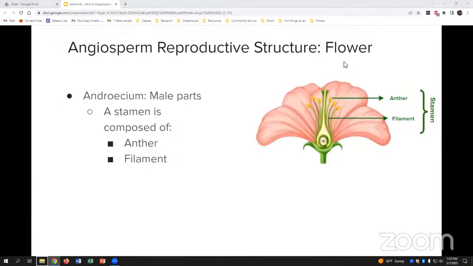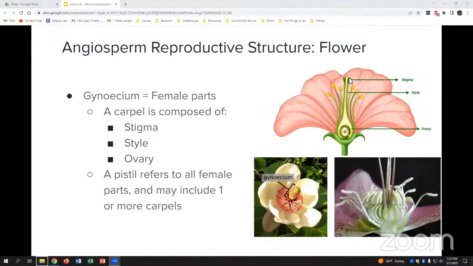The stigma is going to be this part at the top of this central tube that we see here. The stigma is going to be kind of sticky. We'll talk about its role in fertilization in a little bit. Then we're going to have a style. The style is like this stalk leading us down to our ovary. Those three things together would be a carpel.